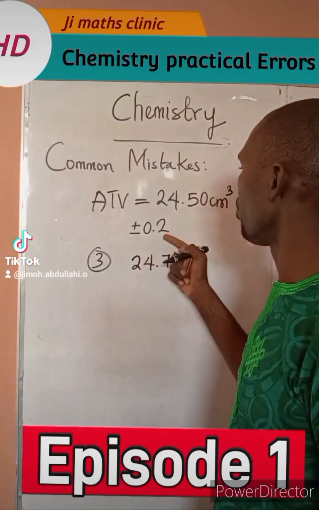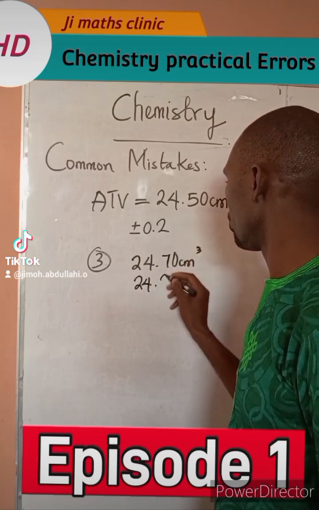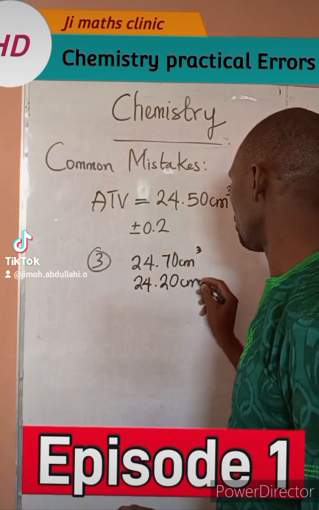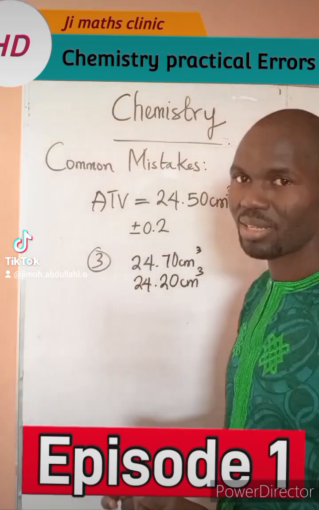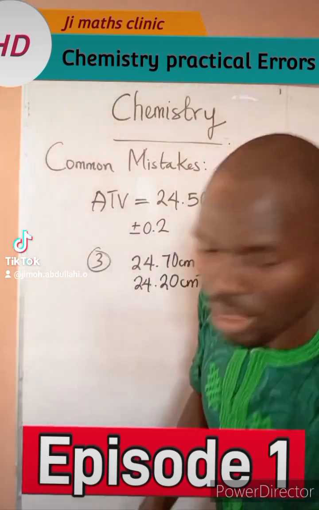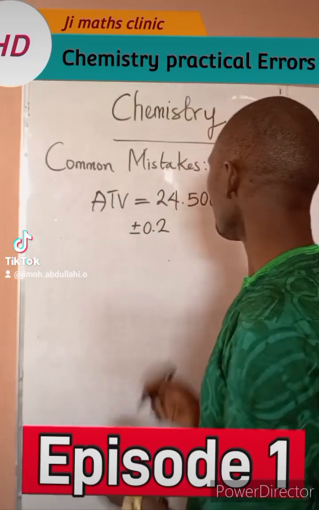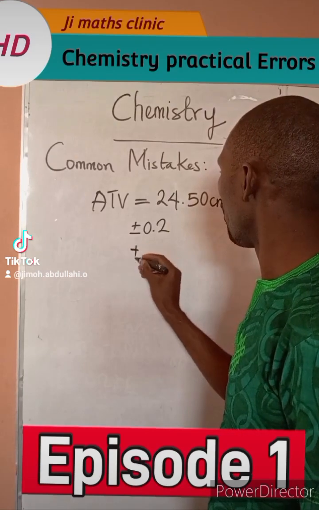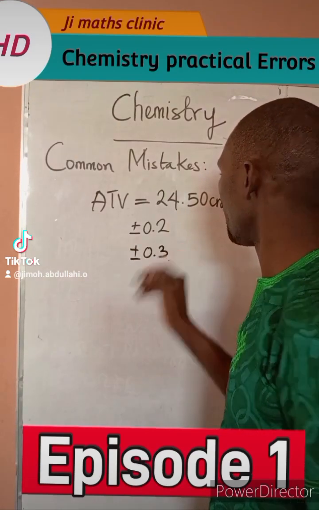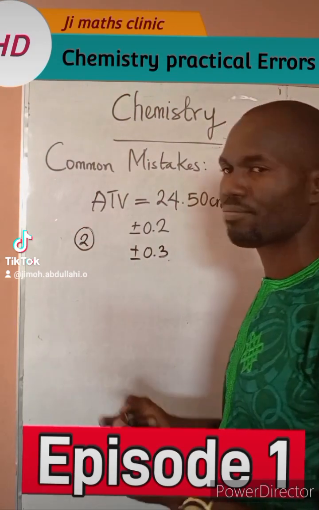Also, if your own is minus, let's say you have 24.30 cm3, it is still 3 marks. You get it? Now, if your own is plus or minus 0.3, that is 2 marks.